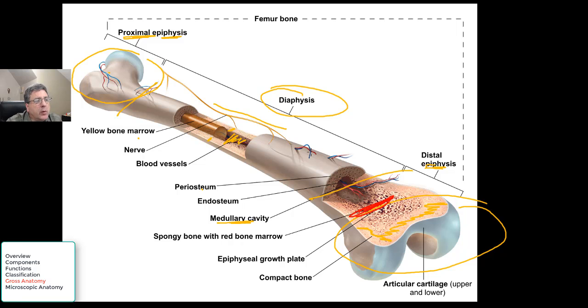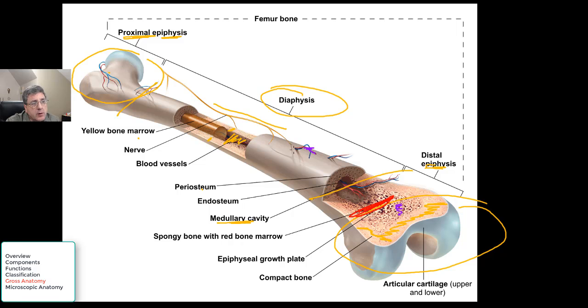And what we can see, we have blood vessels here that enter the bone. Now, bone is highly vascularized, especially the spongy bone. That's where red blood cells are being made. So we have to have a good blood supply there in which to then get into your blood vessels.